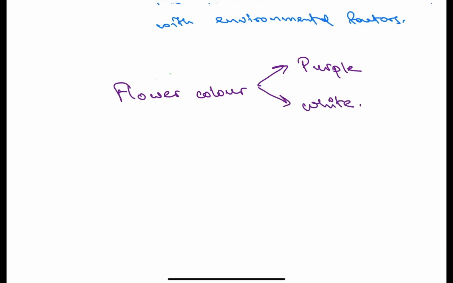These are both genetically coded, these are alleles to each other, right? So if we refer to purple as capital P, we'll refer to the white as small p.